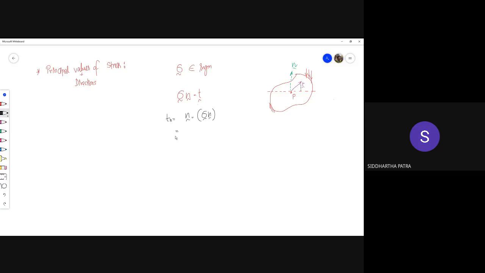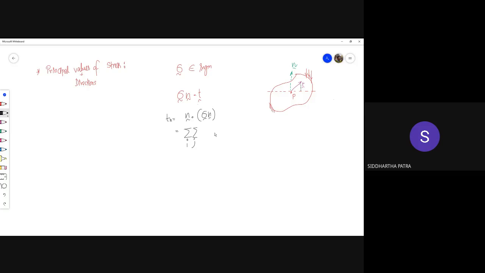Okay, so in index notation, this can be written as first of all summation over i, n_i times sigma n_i.